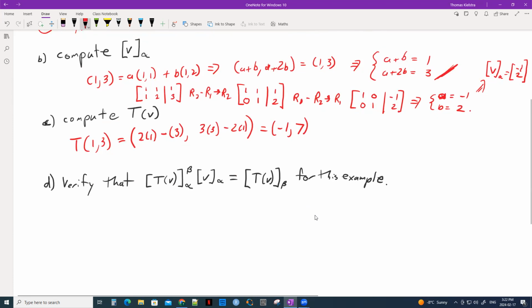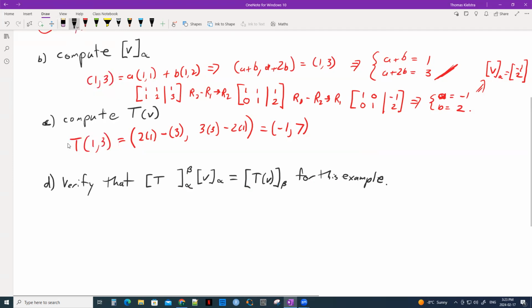We're now going to verify that the matrix representation of T in the alpha-beta basis times the coordinates vector of V in alpha equals the coordinates vector of TV in beta. To do this, we need to do two things.